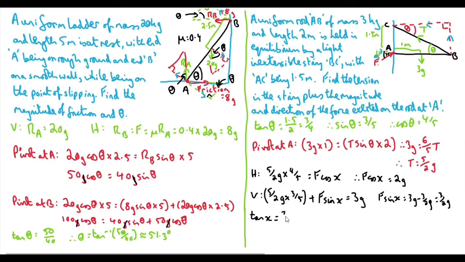That would simplify to just be 3/4. So X is going to equal the tan inverse of 3/4, which is approximately 36.9 degrees from below the horizontal, if you wanted to be specific about that direction as was above or below.